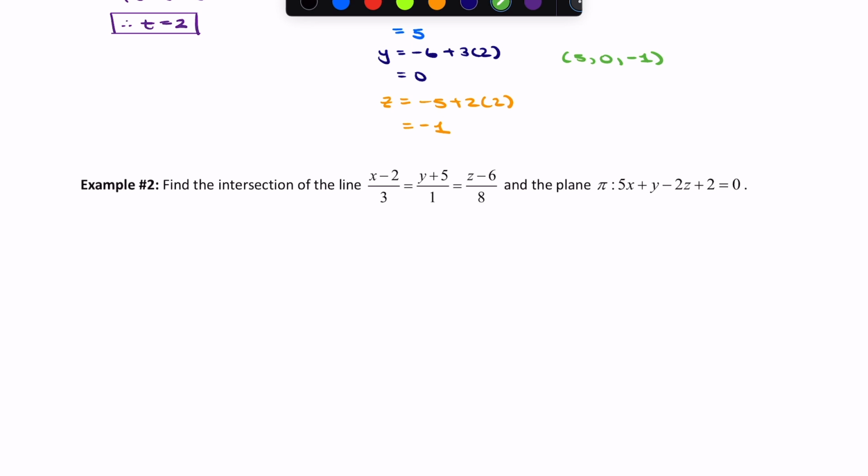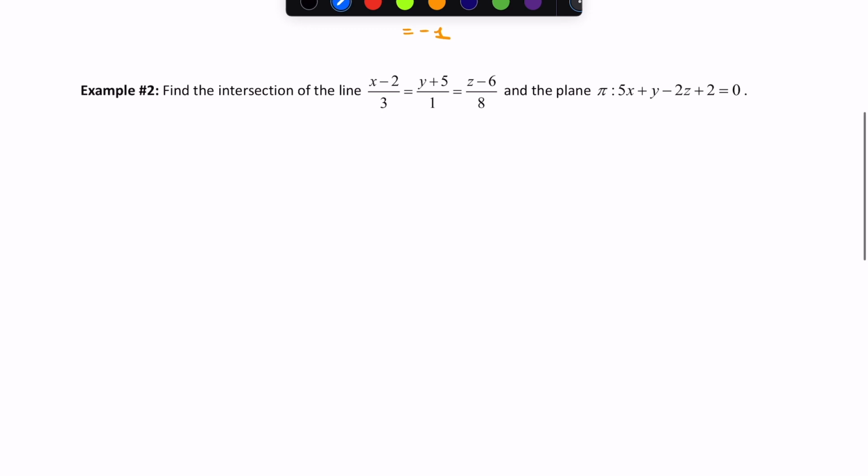Here we can write our equations: x will be equal to 2 plus 3t, y will be equal to -5 plus t, and z will be equal to 6 plus 8t.